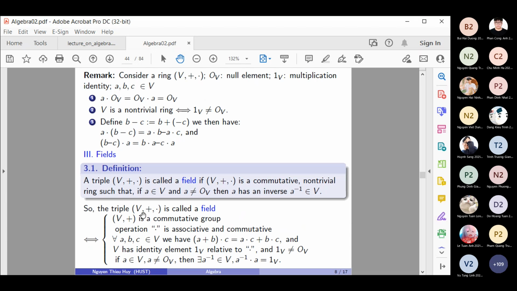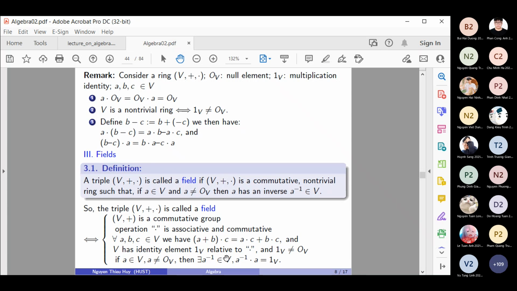To check that it's a field, you have to check everything here. But it's easy to check the commutative group with addition and the associativity. Also, it's long, but easy. And the distributive law between addition and multiplication is also a little bit long to check.